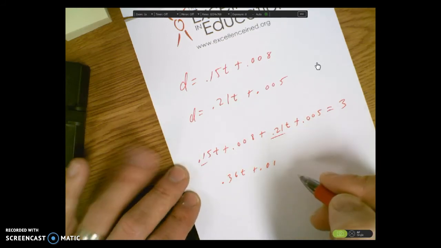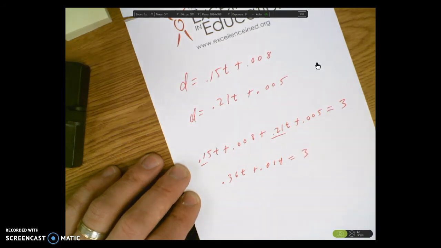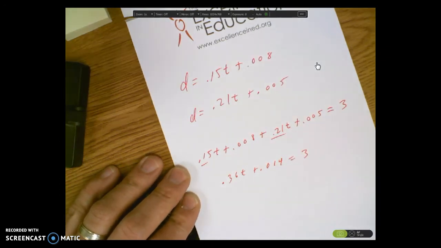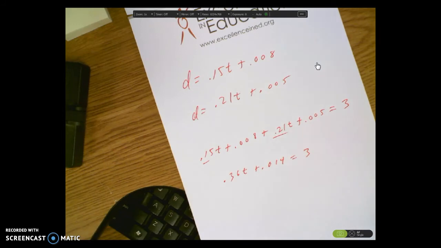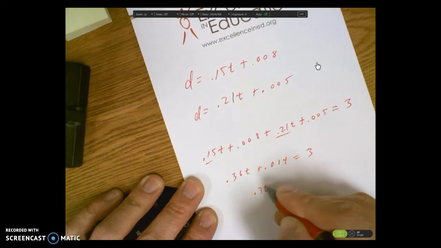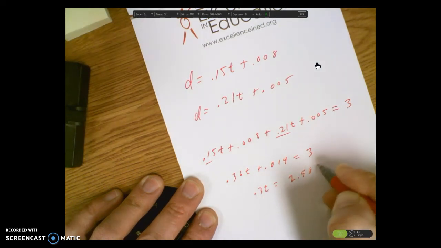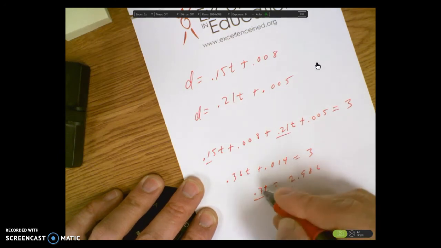That's a 0.013. All right. Subtract that from 3. And then divide by, oh, that's 0.36.